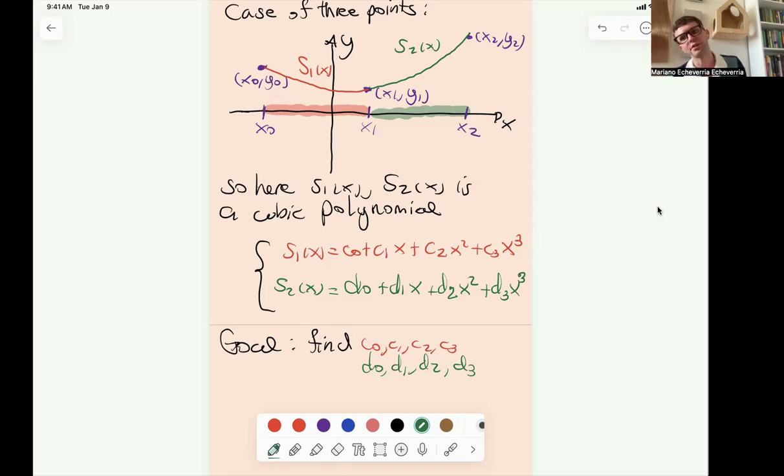But if for whatever reason in your application the third derivatives are important and you want them not to have jumps, then you would use quartic polynomials, for example. It's just that in most applications, the first and second derivatives are the really important derivatives of a function. Those are the ones that you really want to make sure don't jump, don't change values abruptly.